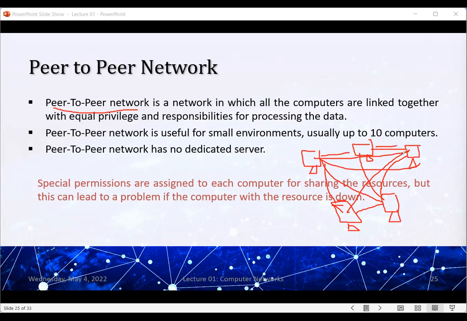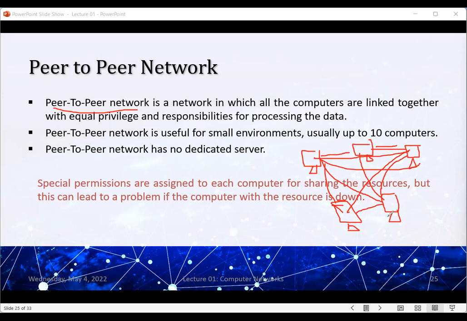Then each line, each connection has the same speed. And each connection has the same authority. Let's say I want to give privilege for all path to share the information. So they can, because the responsibility or the privilege they have is equal, right?